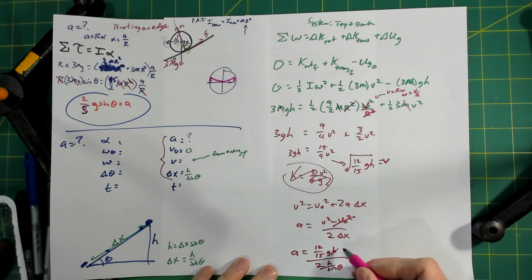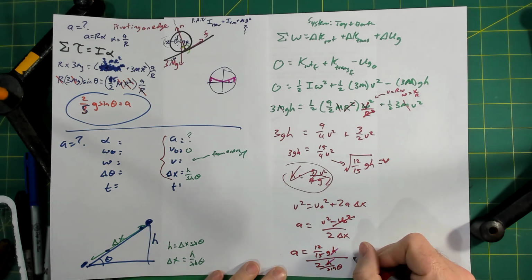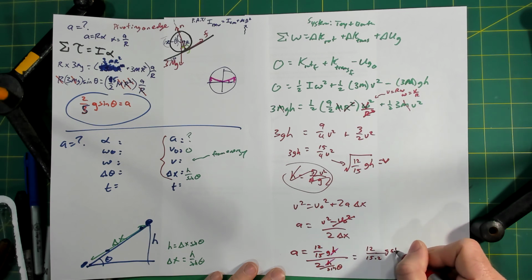You'll agree that h and that h go away. When I'm dividing by a fraction, I can multiply by the reciprocal. So that's going to bring the sine theta up top and a 2 on the bottom. And so this is going to be 12/15 times 2 times g sine theta.